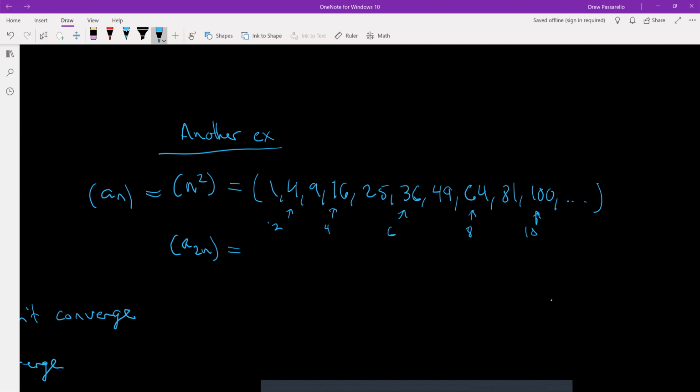So that's A2, A4, A6, A8, A10. We can form a subsequence, and that's going to be 4, 16, 36, 64, and then 100, and it keeps going. Now that also doesn't converge, right? So this diverges.